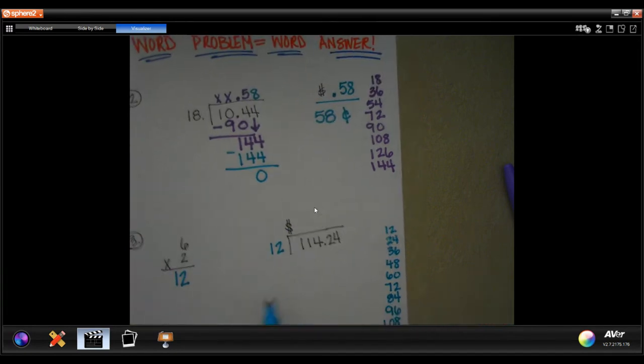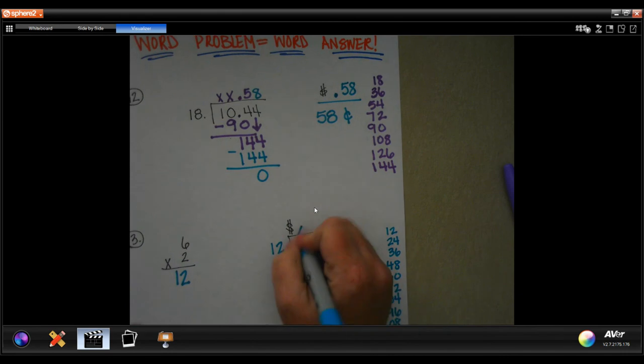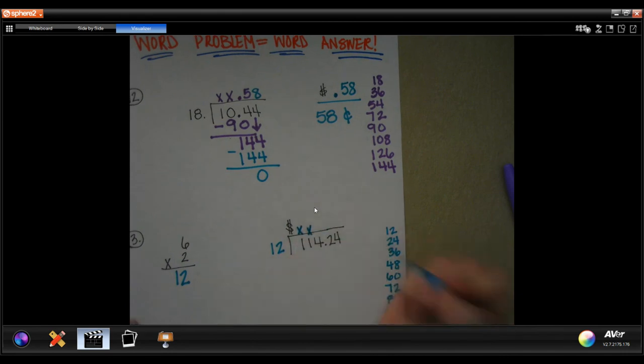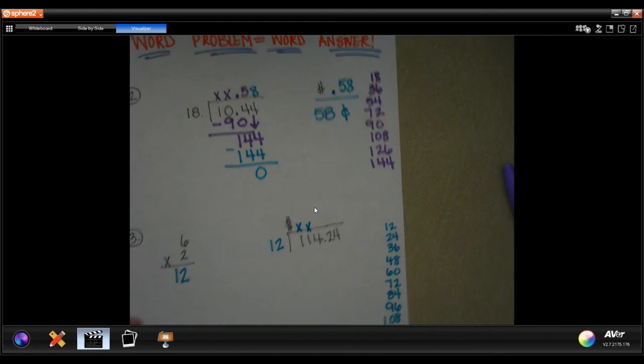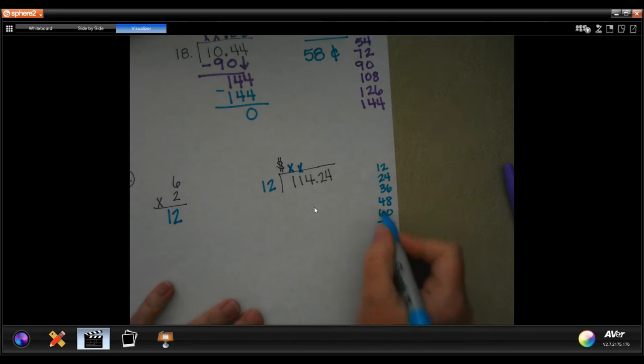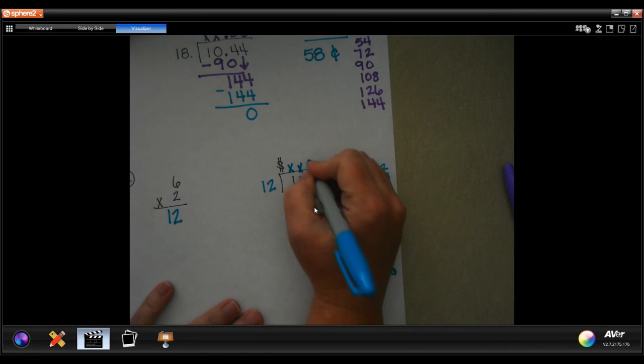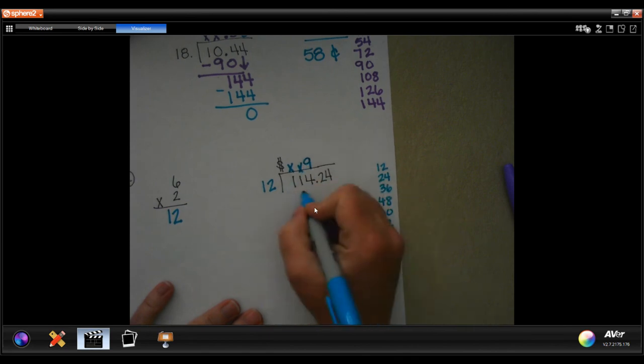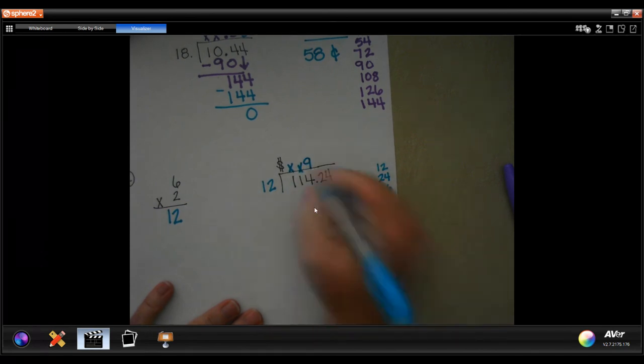So 12 is not going to go into 1. It's not going to go into 11. It will go into 114 times. If you'll look, that 120 is too big. So I have to go back to 108. So 1, 2, 3, 4, 5, 6, 7, 8, 9 times. 9 times 12 was 108.